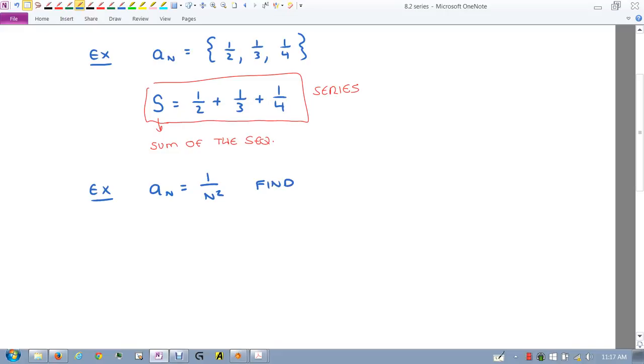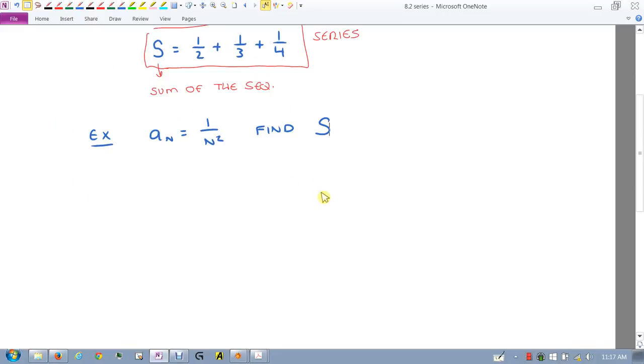Find capital S, which will be the sum of that sequence. So it's an infinite sequence, isn't it? Let's list out the sequence. Plug in 1, you get 1. Plug in 2, you get 1/4. You plug in 3, you get 1/9, and then 1/16. That's the sequence. That is an infinite sequence, right?